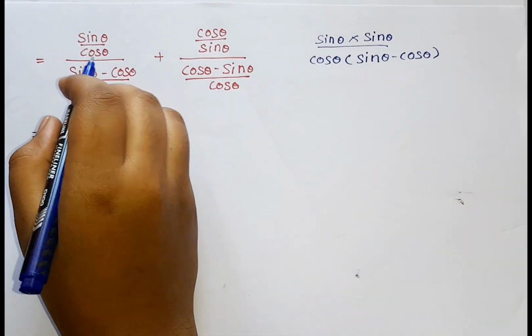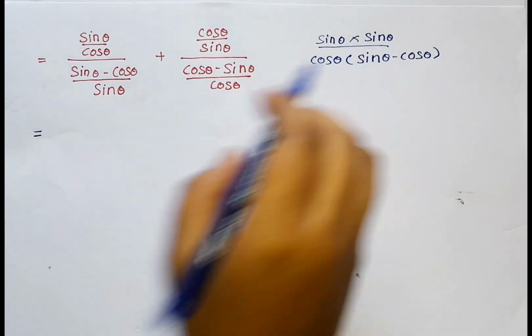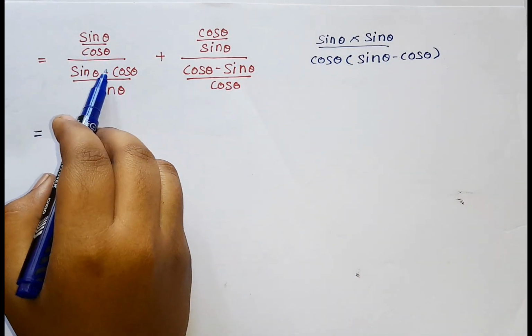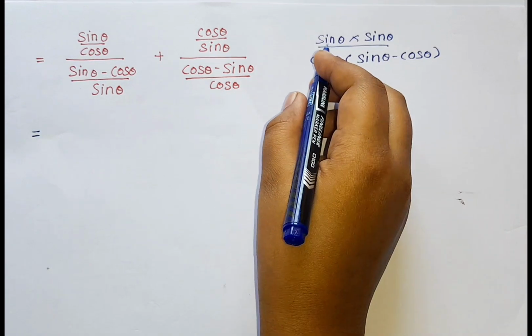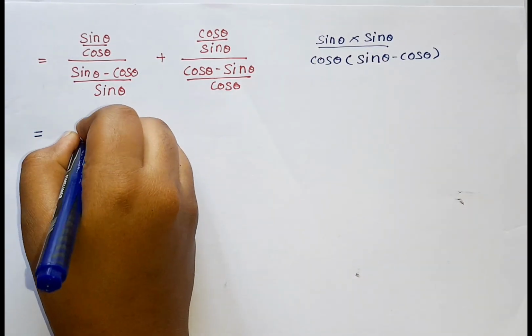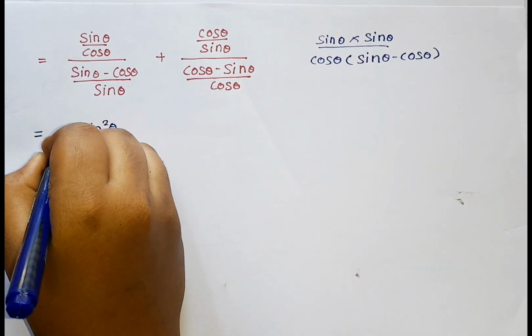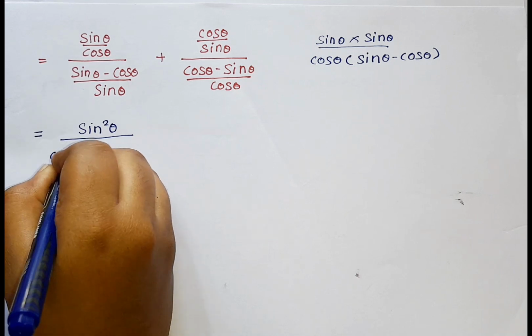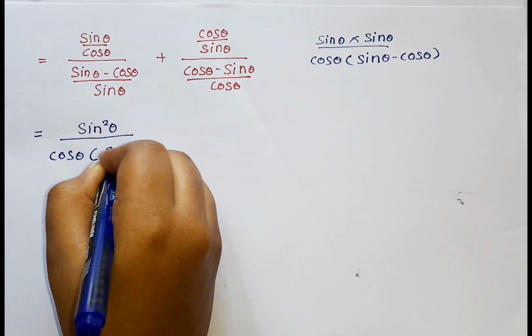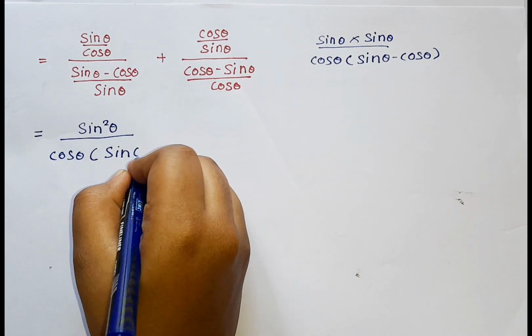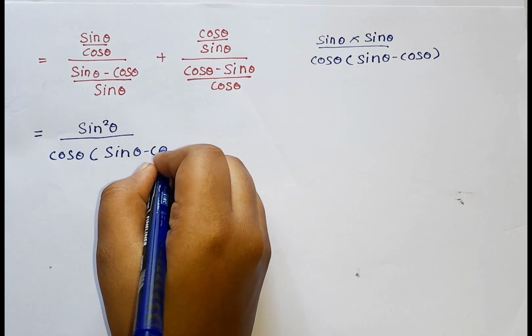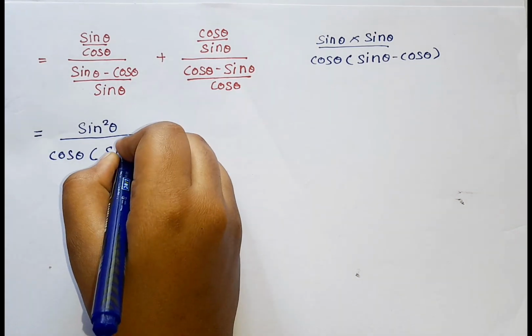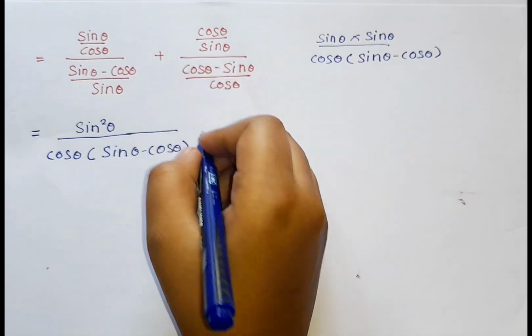Now I'm going to take it directly, this is for your understanding. When we take reciprocal we'll get sin theta into sin theta, which is sin square theta, divided by cos theta bracket sin theta minus cos theta. And then plus as it is.